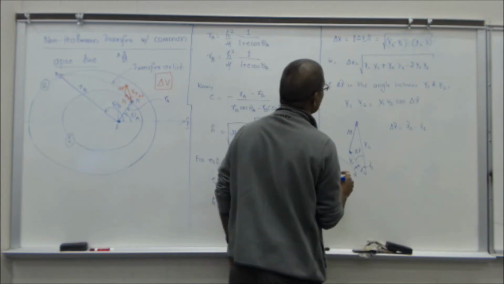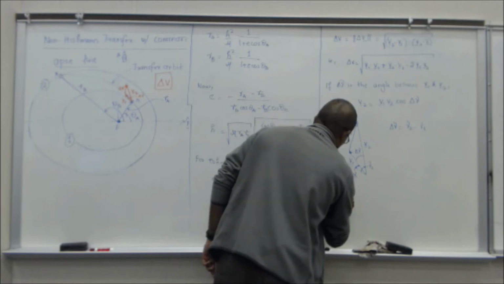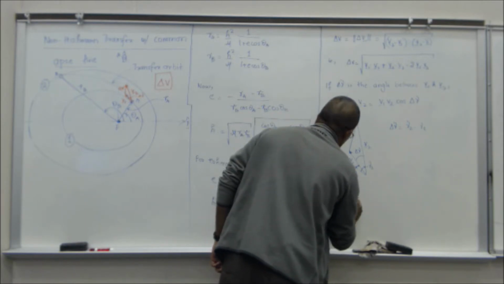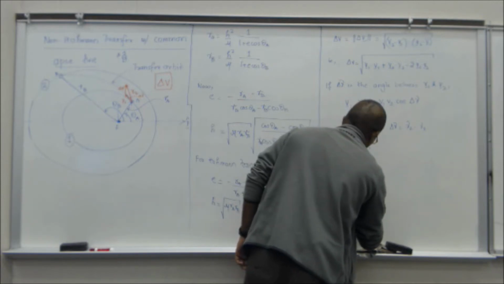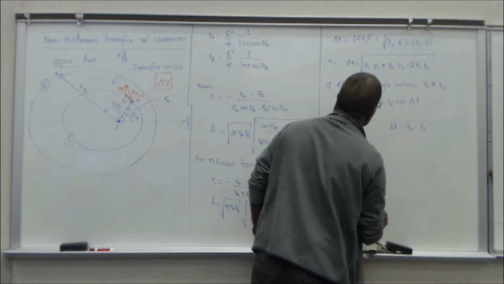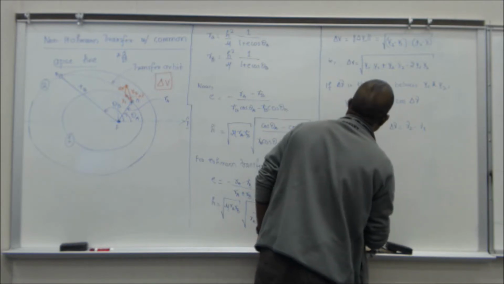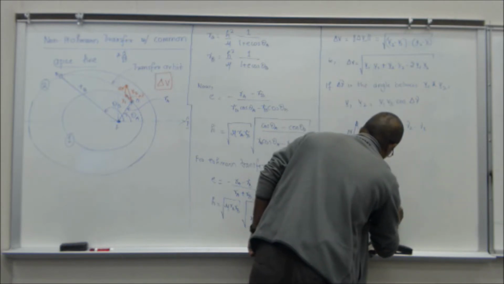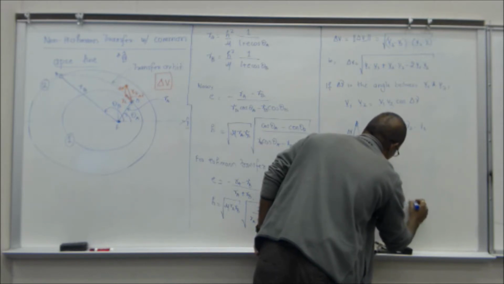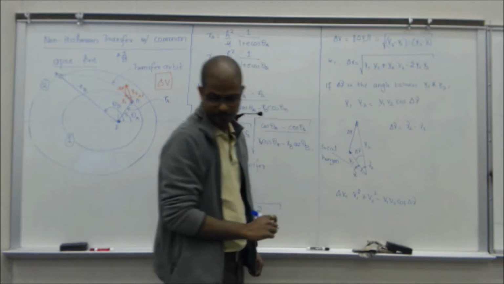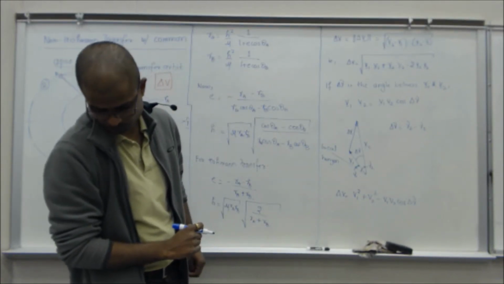Now essentially what you're going to get here is delta V is equal to the square root of V1 square plus V2 square minus 2 V1 V2 cosine of delta gamma. Okay.